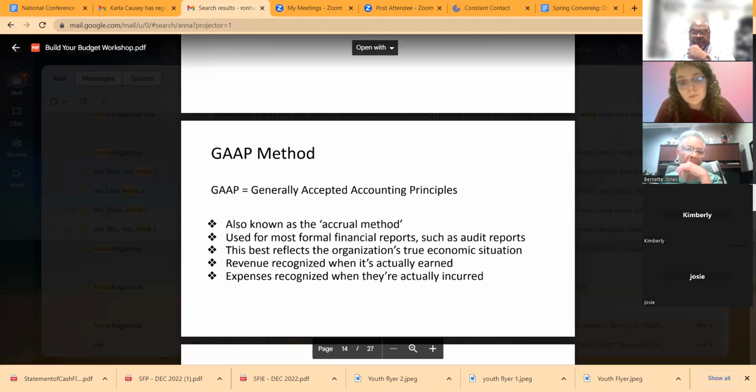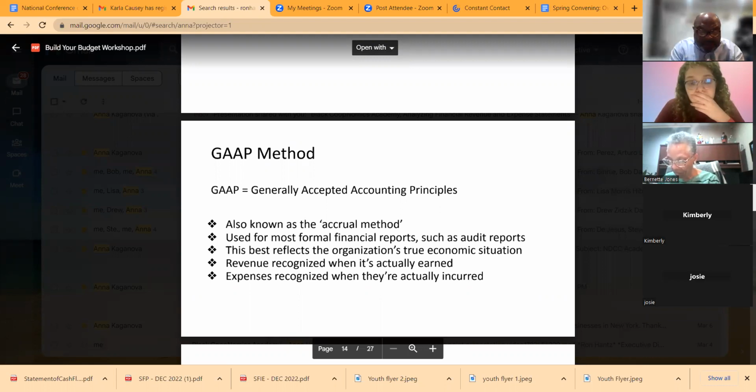So earning it in this case will be at the time that you sign the contract, versus when I executed on the contract. I'm assuming that's what it entails.